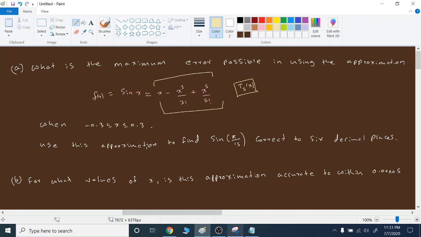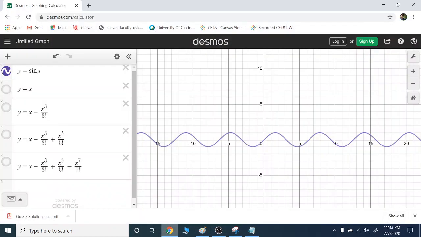Now let's see, if we plot the graph, this will be the sin x curve, right? And we already know that it has an oscillating shape, right? And if we plot that polynomial, it will look like this in the green color.